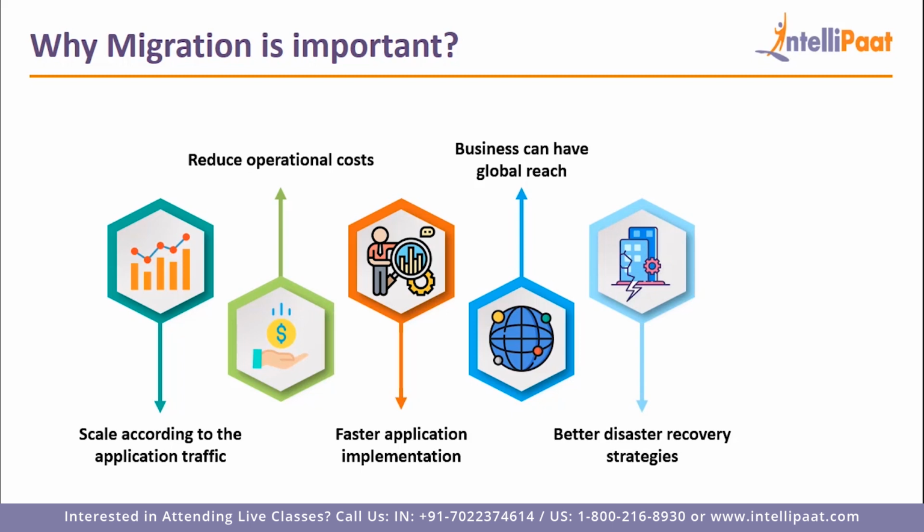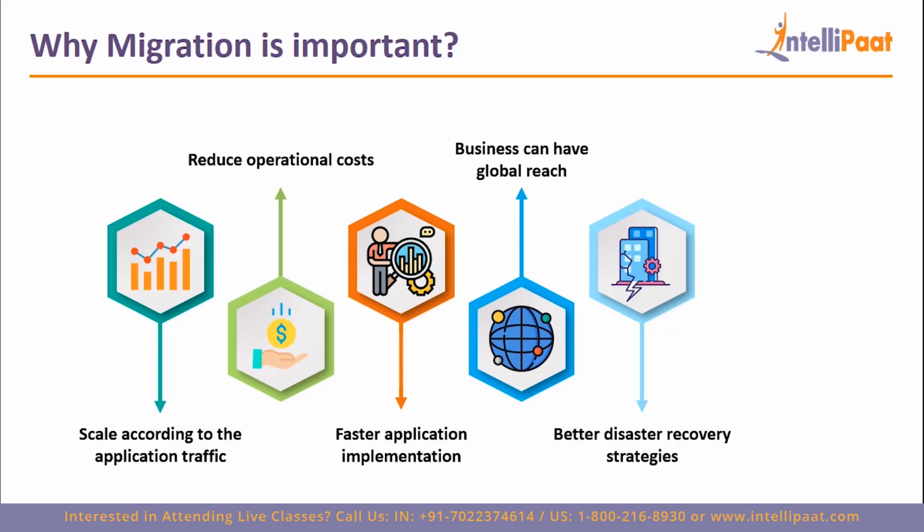And then better disaster recovery strategies. If you have an on-premise setup, you will have a backup system. But what if even the backup system is destroyed and your main on-premise system had some disaster? If you store all of this data in a cloud environment, you will have a backup in another availability zone, or you can also keep the backup in another region.